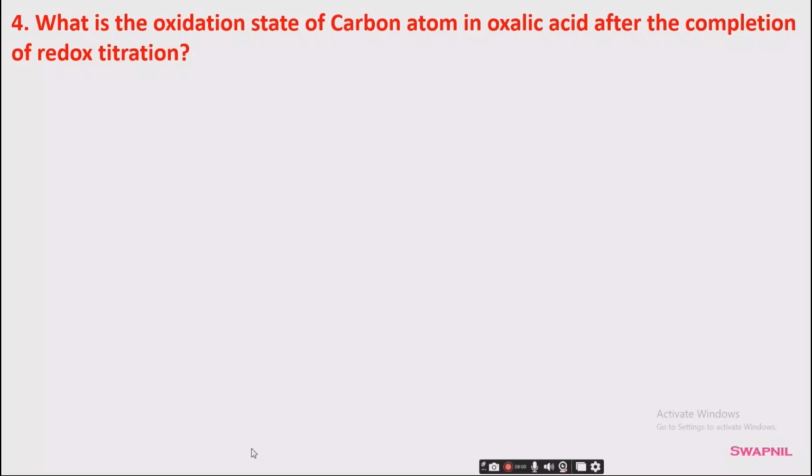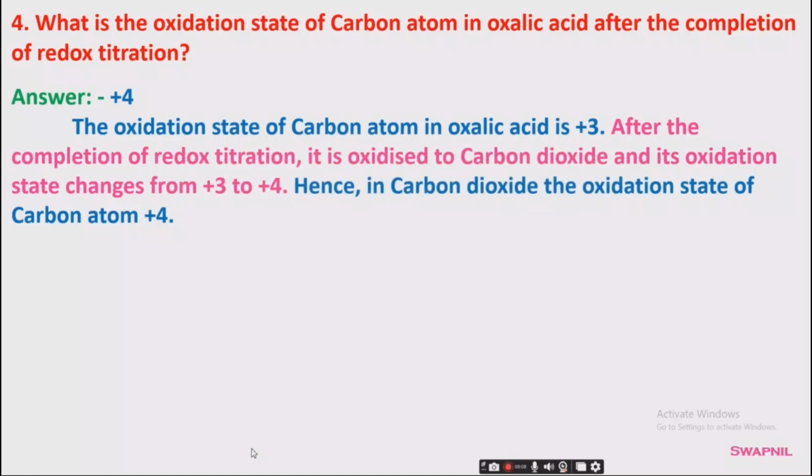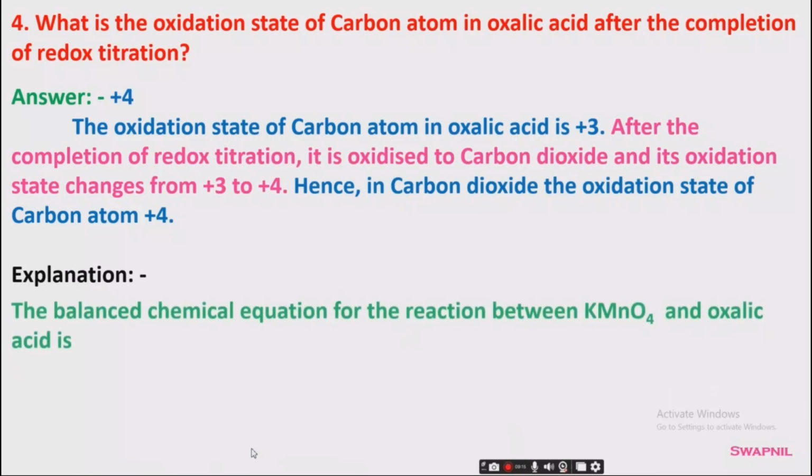What is the oxidation state of carbon atom in oxalic acid after the completion of redox titration? So answer is +4. The oxidation state of carbon atom in oxalic acid is +3.